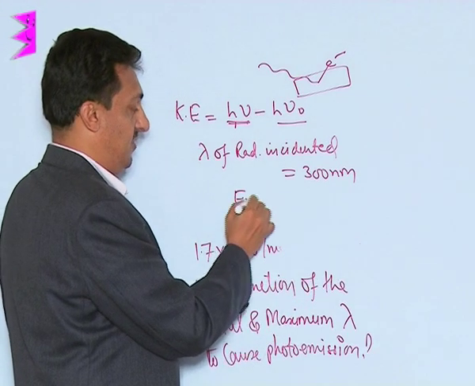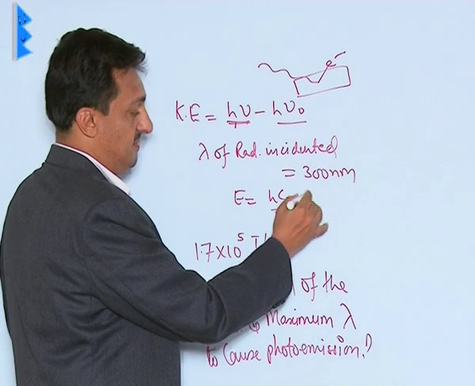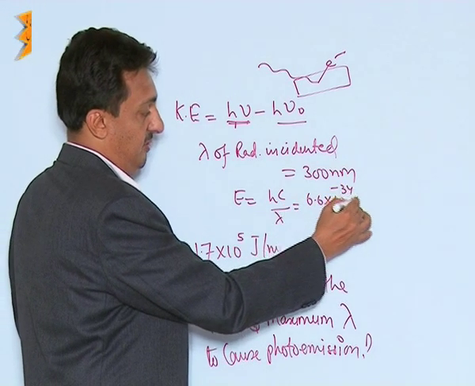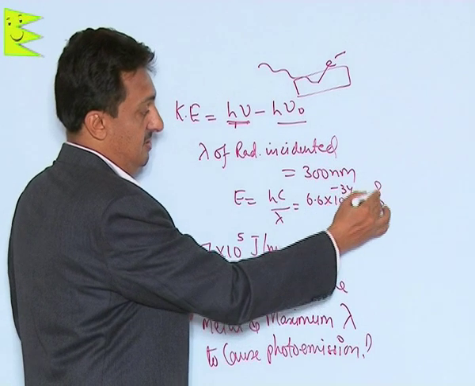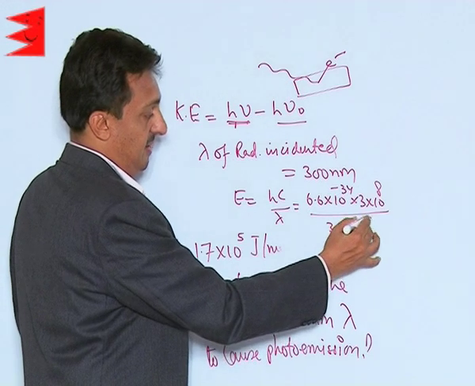So the energy associated with this will be hc over lambda. It will be 6.6 into 10 to the power minus 34, times 3 into 10 to the power 8, upon 300 into 10 to the power minus 9.